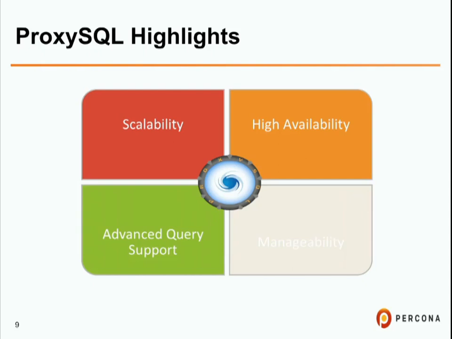Okay, so for the ProxySQL highlights, we divide the features into 4 different categories. One is scalability. We actually think that is one of the big features, but number one priority for me is scalability, because oftentimes if you don't have to scale, that's not a big problem. We have a lot of other workarounds. As a DBA, we can scale in a different way.